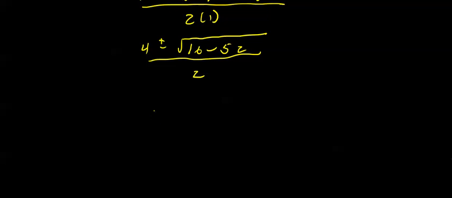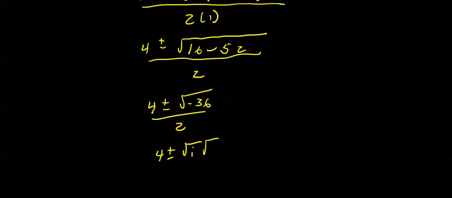And 16 minus 52 is 36, square root of negative 36, all over 2, or 4 plus or minus i square root of 36 over 2.